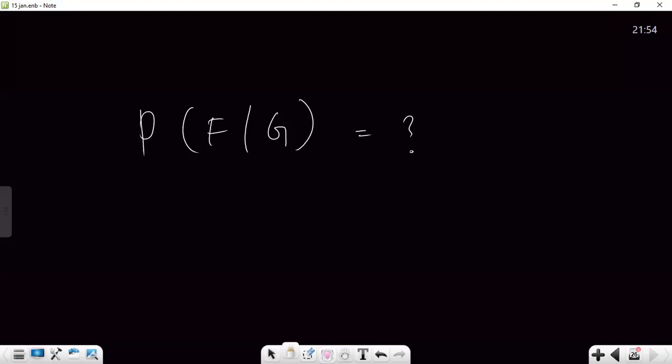This is the probability of event F when event G has taken place. Now tell me, what is this?